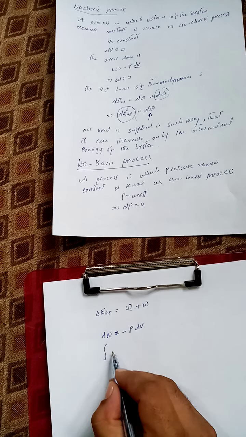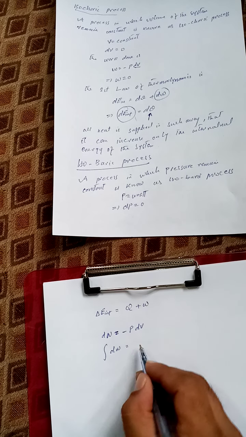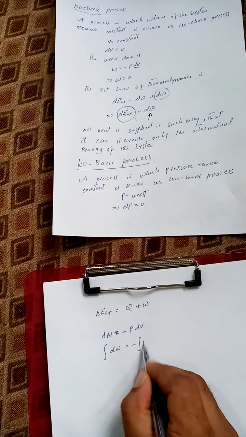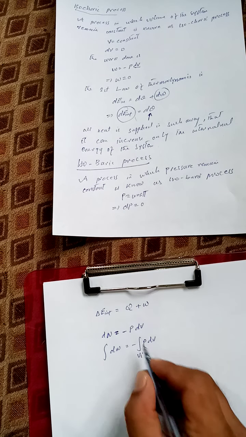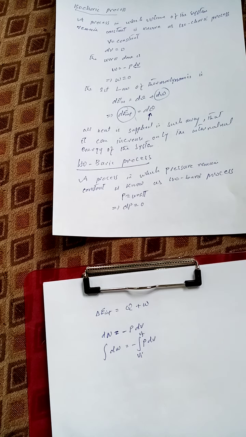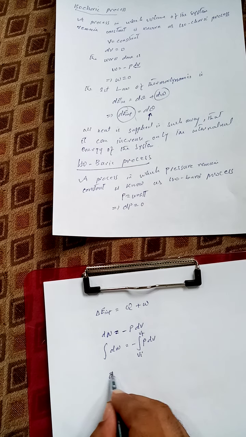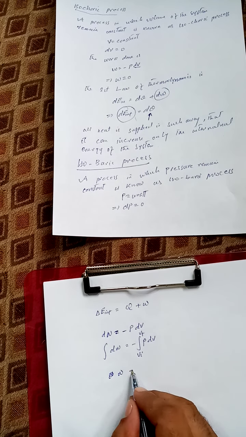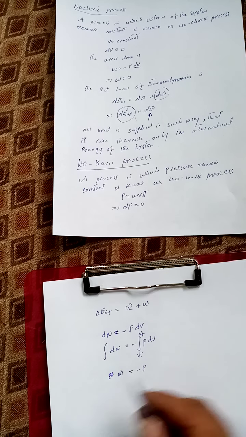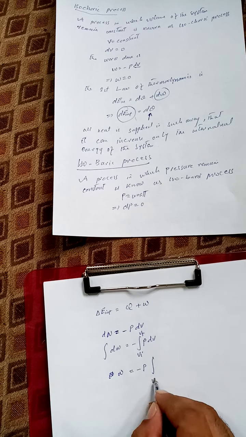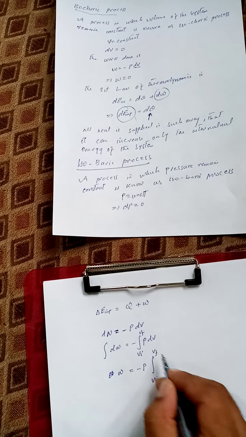Now if we integrate this equation, W is equal to minus the integral of P dV. Pressure is constant, and volume is changing from initial volume to final volume. On this side we have work, and on this side we have minus P, a constant which can be brought outside of the integral, and we have the integral from Vi to Vf of dV.